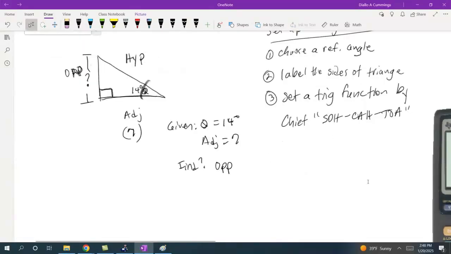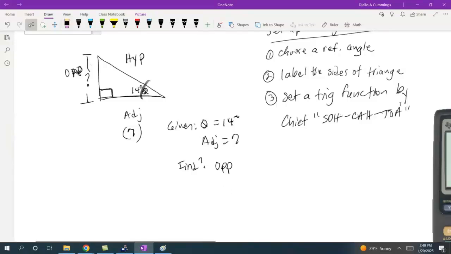So taking a look at what I'm given and taking a look at what I want, I have to use the adjacent and the opposite. So I'm going to go over here and consult Chief Sakatoa, and I'm going to find out which trig function has an adjacent and an opposite. So in the first part, in Chief's side, this is the sine, which is the opposite over the hypotenuse.